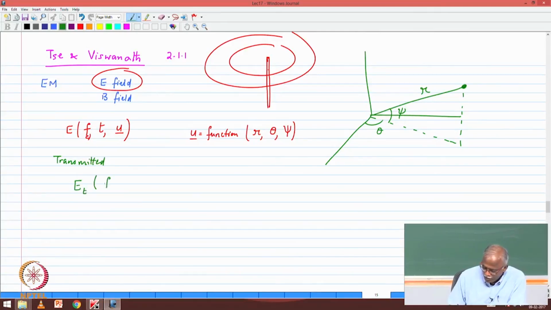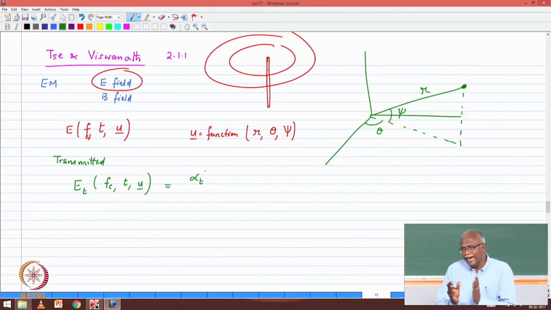It will be a function of the carrier frequency, of time, and of the displacement. Again, it's a simplified example, so keep that picture in mind. There is a gain term, alpha, and that depends on the antenna gain and all of those parameters. So there is a gain term. The electric field decays in free space reciprocal to the distance that you have traversed.